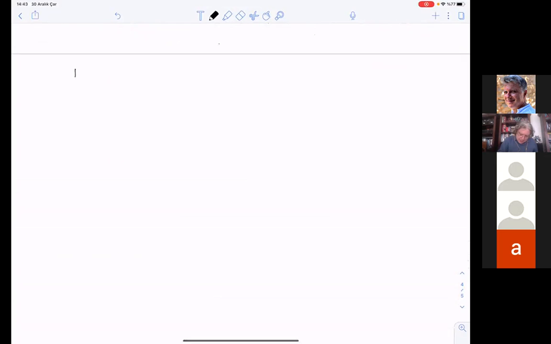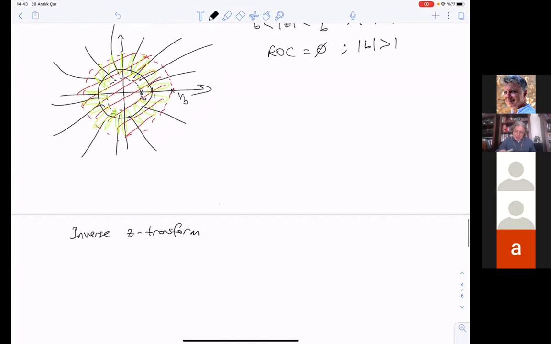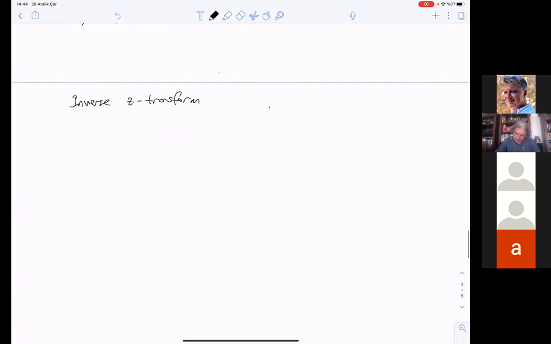There is an inverse Z transform, of course. And the problems of the inverse Laplace transform are also available for the inverse Z transform, which is telling us that it's a complicated way of looking at things. The inverse Z transform would be like this. If you have the unit circle inside your region of convergence, then choose r equal to 1 and integrate over the unit circle.